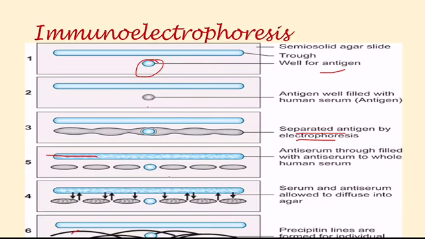Now the trough is cut to fill the antiserum. That is kept for incubation. The antibody and antigen move towards each other and form precipitin lines. The advantage of this is that the number of antigens present in the serum can be identified using immunoelectrophoresis.